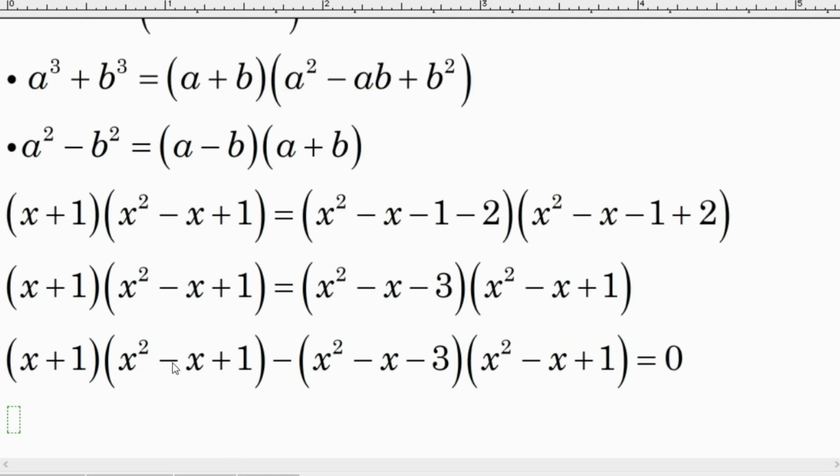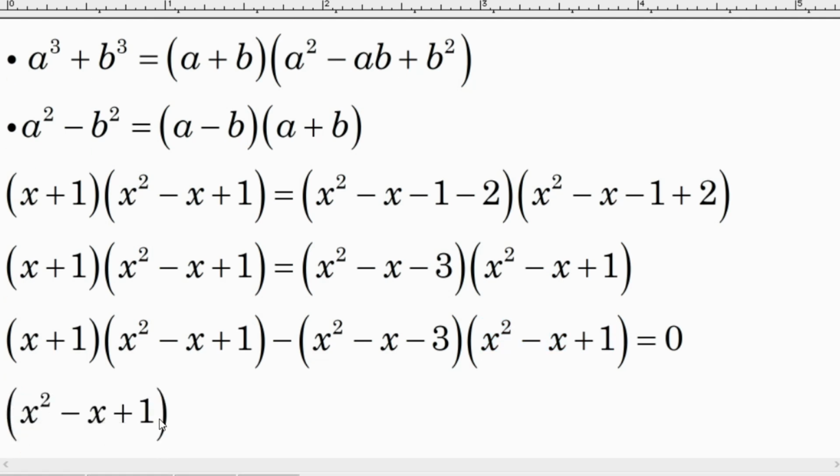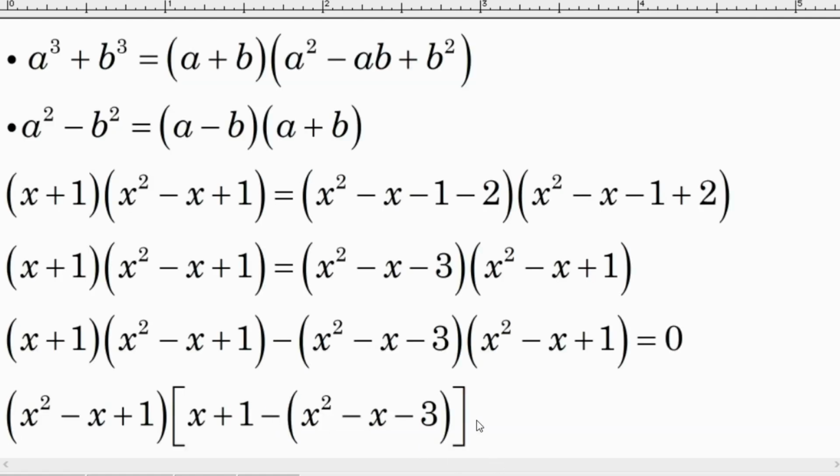Now we have x squared minus x plus 1 here, and here it is the same, so we can take it in common. Then we get the factors (x plus 1) and then minus this factor, equal to 0.